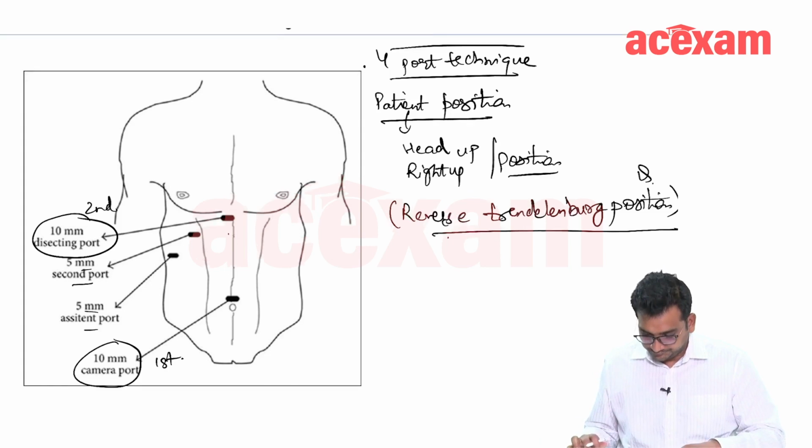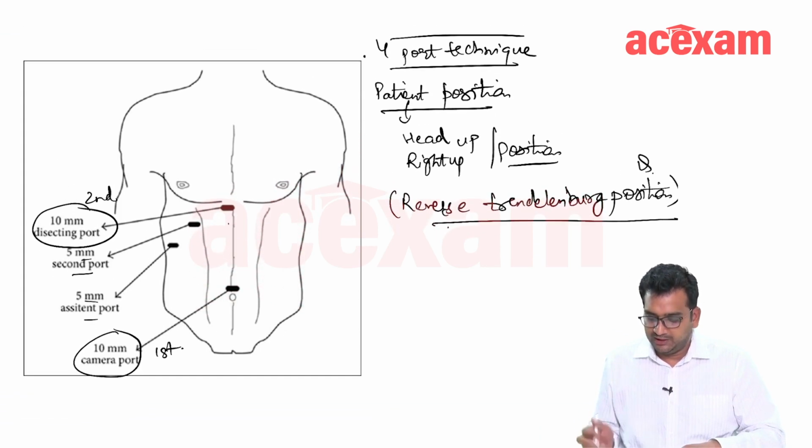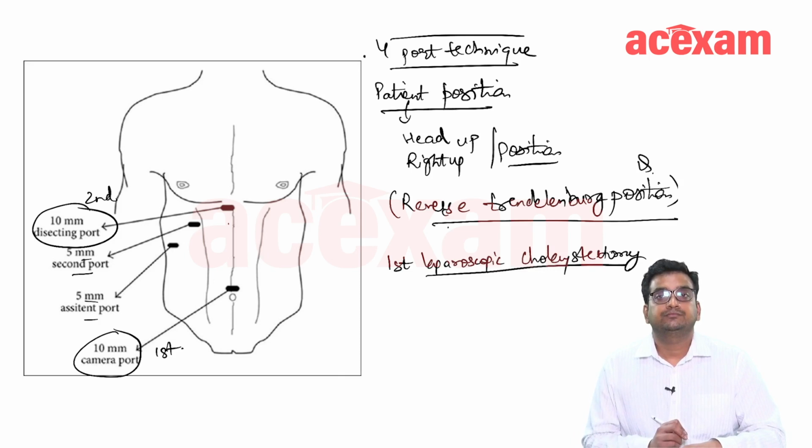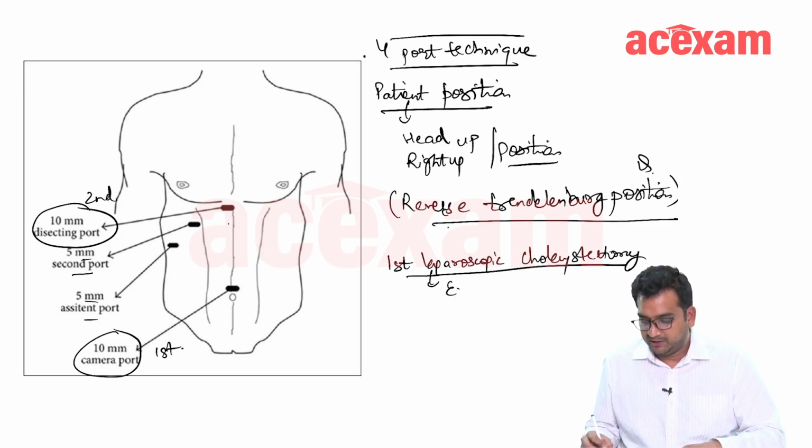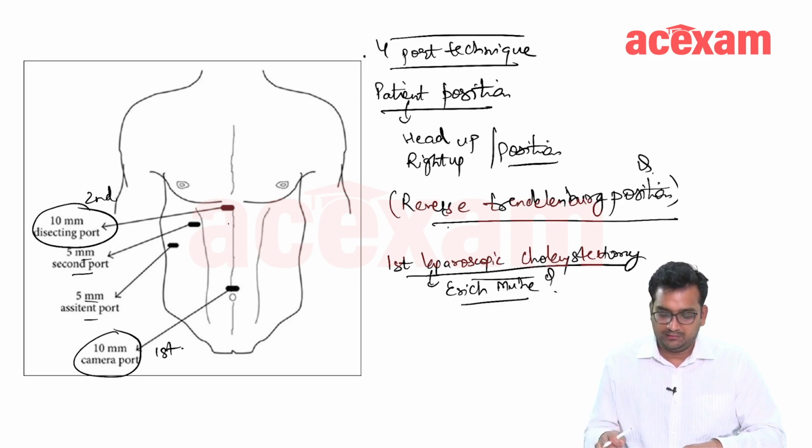Okay. Now, a few points regarding cholecystectomy. Who performed the first laparoscopic cholecystectomy? The first laparoscopic cholecystectomy was performed by Eric Muhe. Okay.